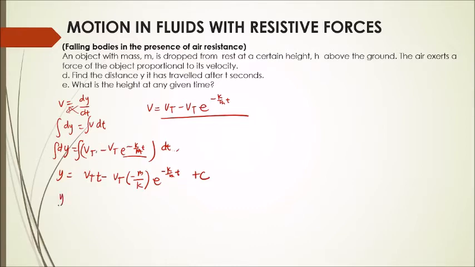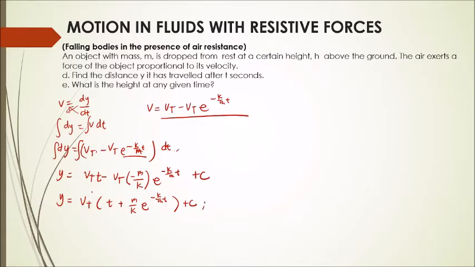So, y is now equal to v_t times t plus m over k e to the negative k over m times t plus c. Now, it is not yet final because we are looking for the exact distance y. So, we have to find the c.